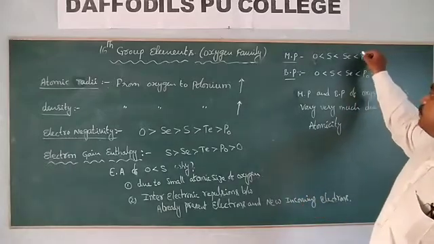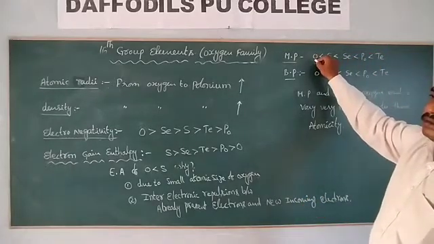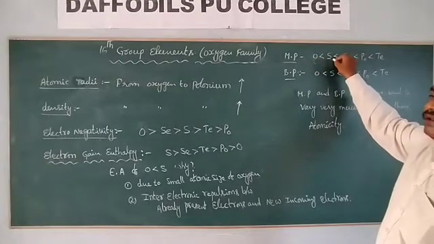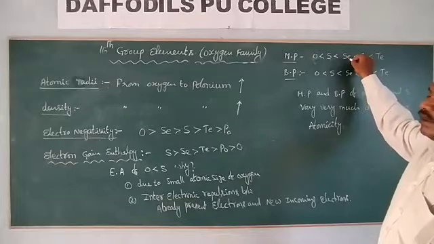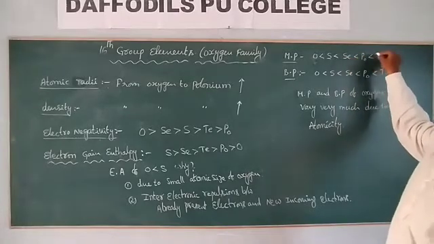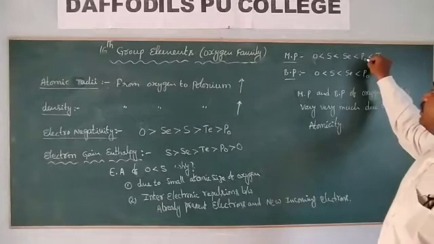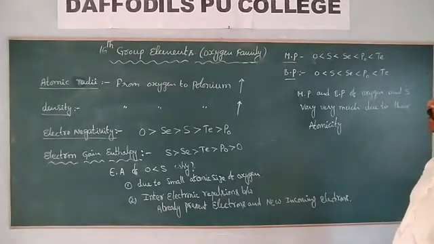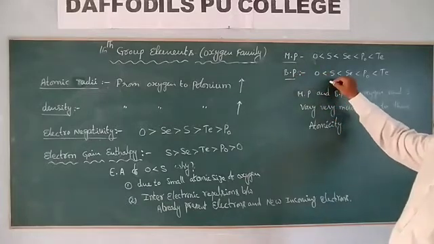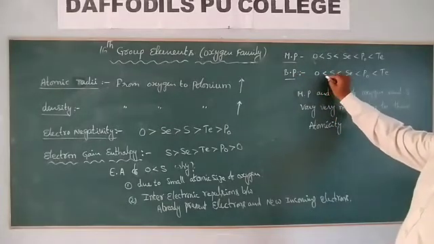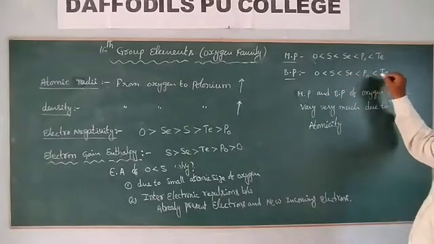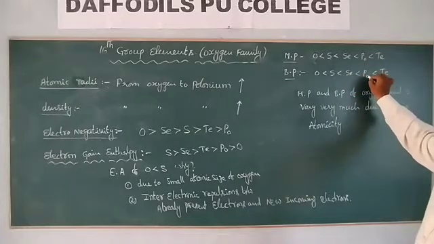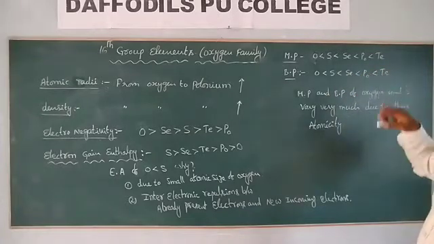The trend is seen up to selenium. After that, you can expect tellurium, but polonium has a lower melting point than tellurium. The boiling point order is oxygen less than sulfur less than selenium less than polonium less than tellurium.